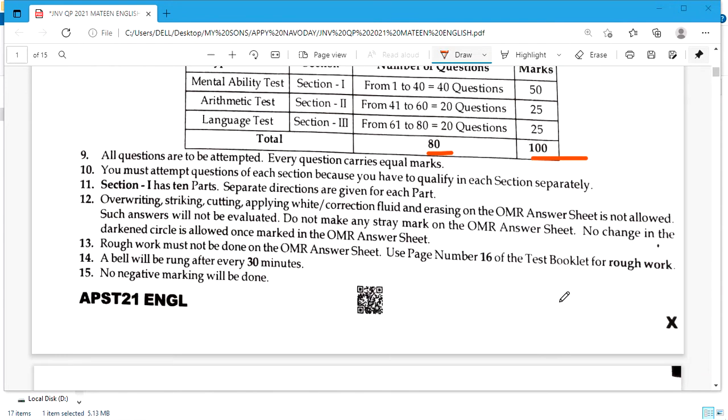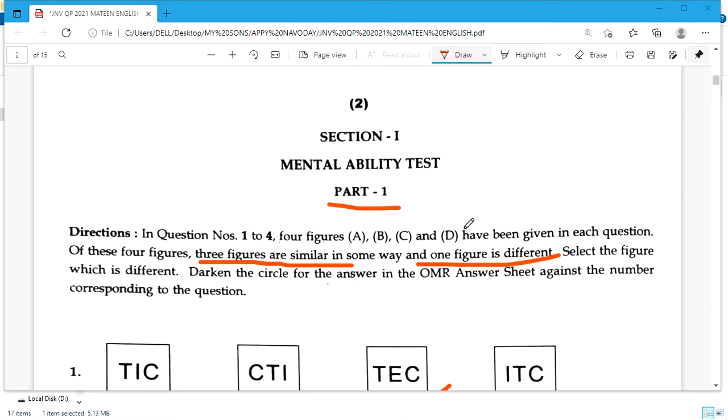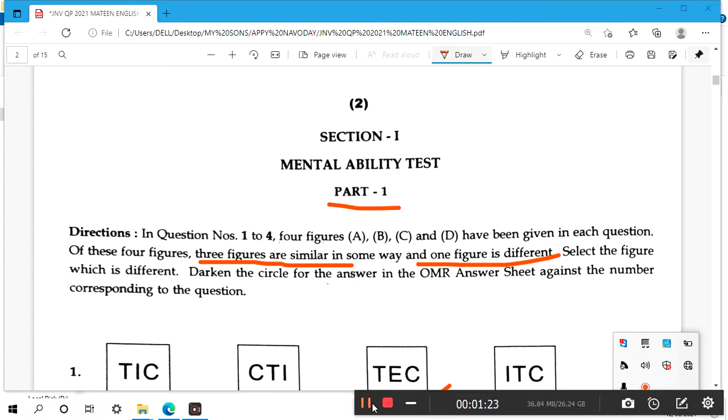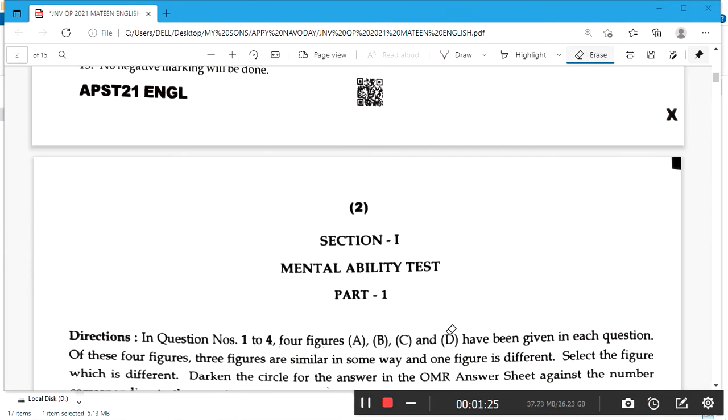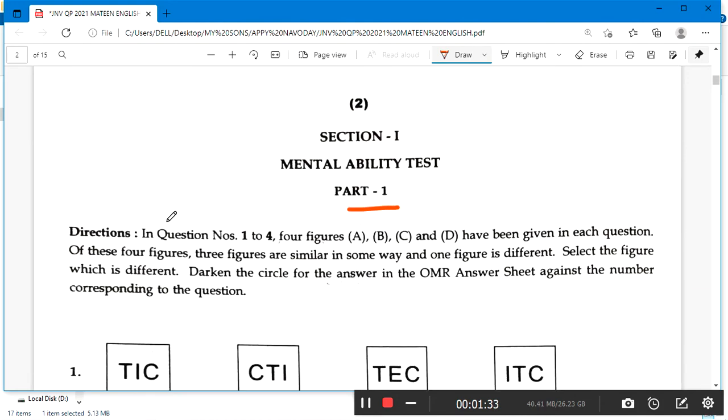Okay, next shall we move with the mental ability test. It includes totally 10 parts. In the first part, just look at the directions.